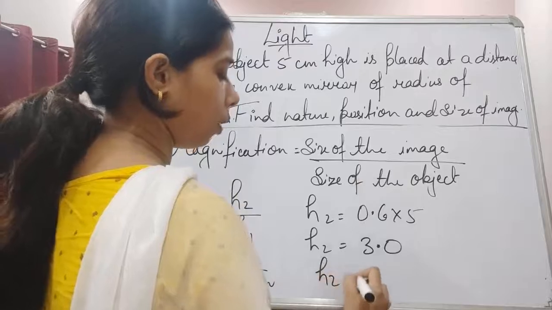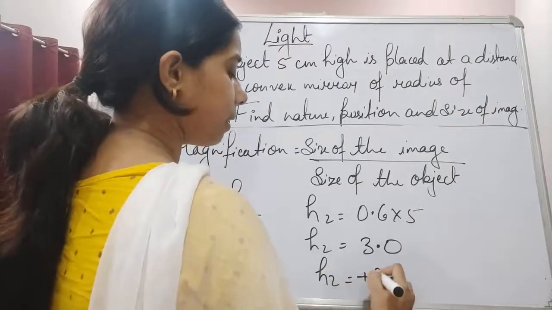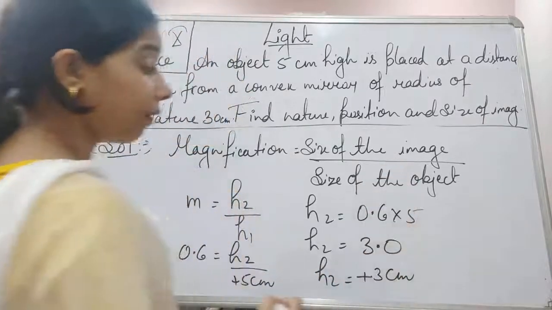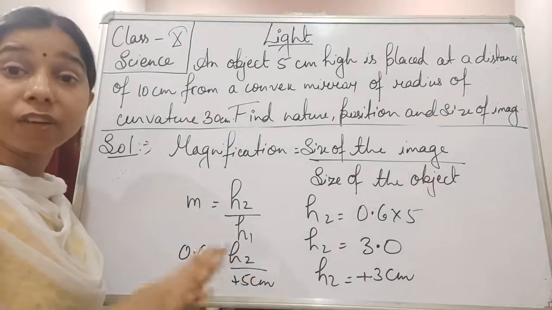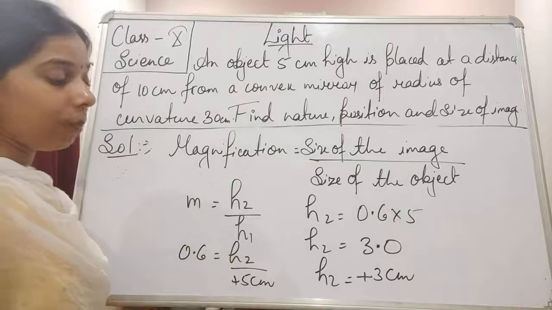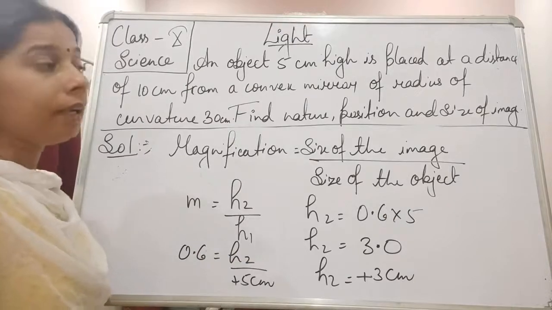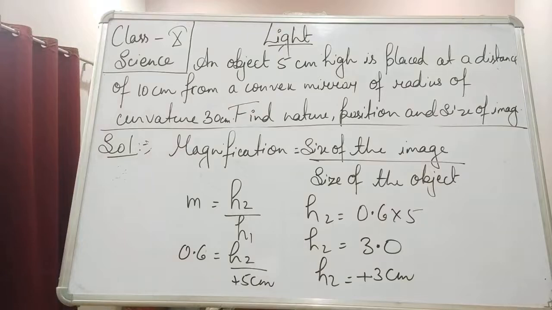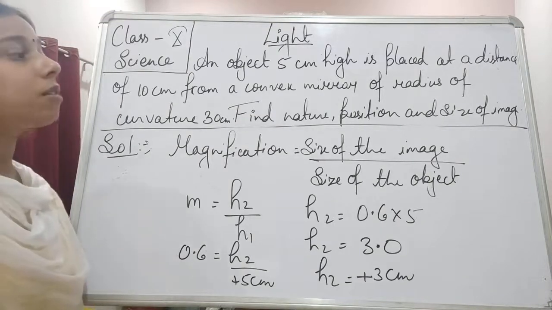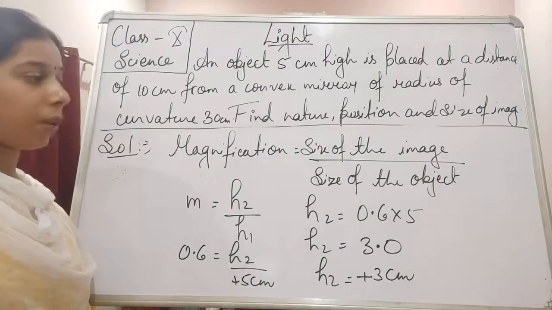So H2 will be equals to plus 3 centimeter. This plus is actually helping in confirming that the image formed here is a virtual and erect image. An erect image is formed here, students. So this is how you can solve the question.